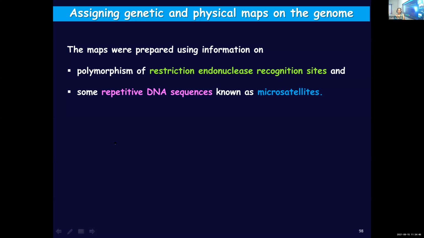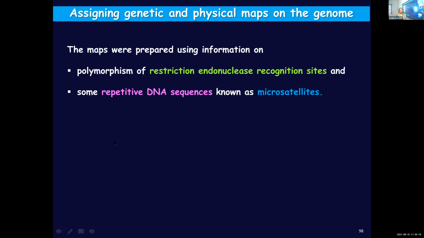These enzymes cannot cut the DNA anywhere they like. There are special sites which they recognize, and only there will they cut the DNA. Those sites are known as restriction endonuclease recognition sites.